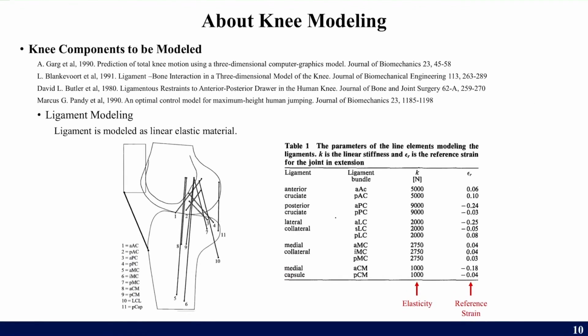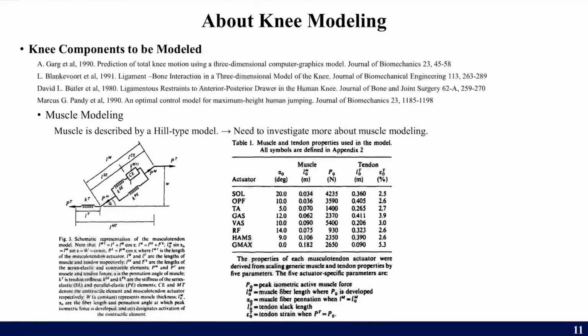And the second one is the ligament modeling. In some papers, the ligament is modeled as linear elastic model. So there are two parameters. The one is the elasticity, and the other one is the reference strain. The last one is the muscle modeling.